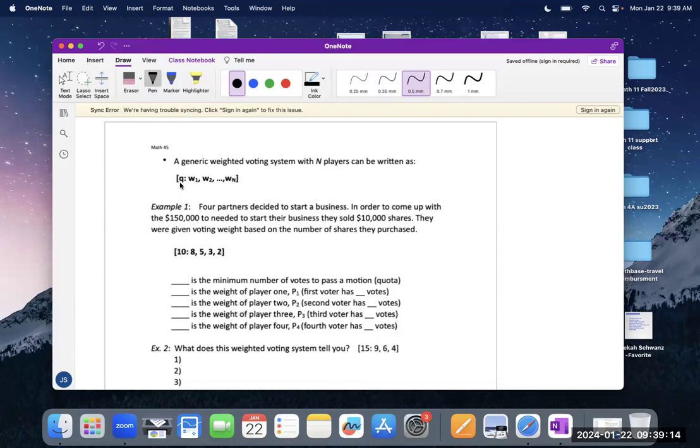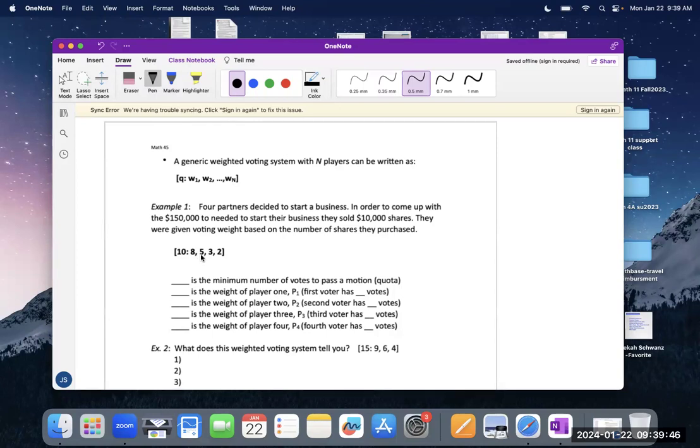Looking from above, after the square bracket, you have the quota. So 10 is your quota in this voting system. They decided that in order to make any decisions, we have to have 10 votes for that choice, whether yes or no. Then the first player in this weighted voting system has a weight of 8 votes.